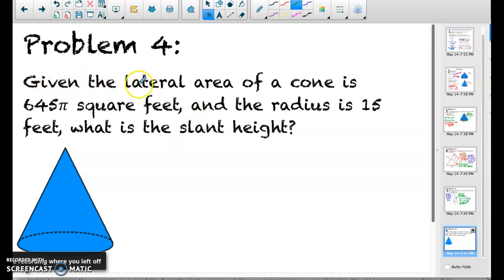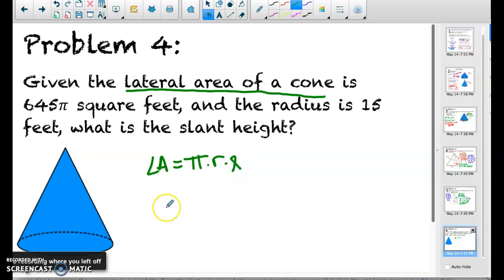They're going to tell you exactly which formula it is. Here they're telling you to use lateral area of a cone. So I go back to my formulas and I write down that formula right away. Lateral area for a cone was pi times radius times slant height.